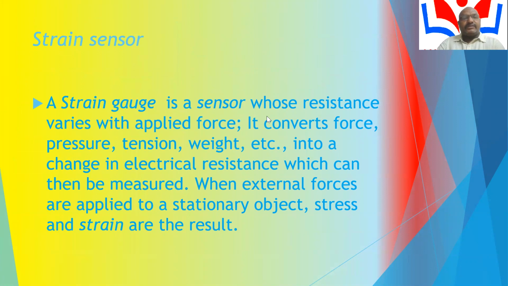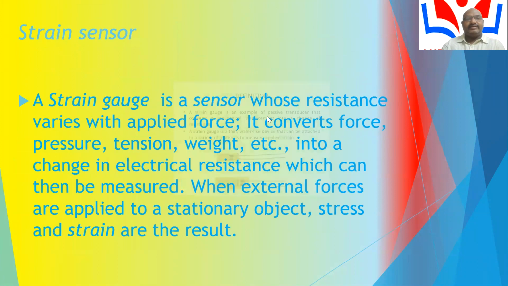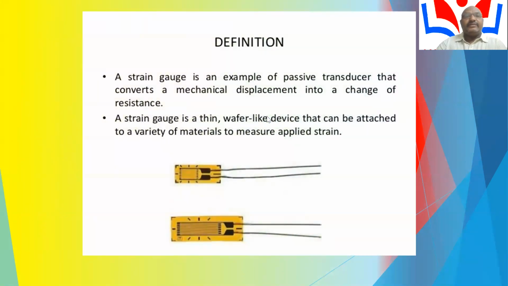When external forces are applied to a stationary object, stress and strain are the result. The strain gauge is an example of a passive transducer that converts a mechanical displacement into a change of resistance.